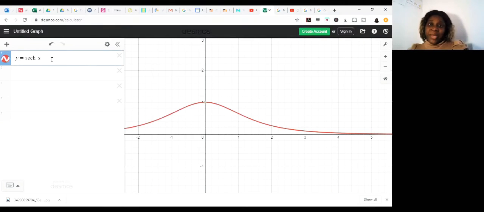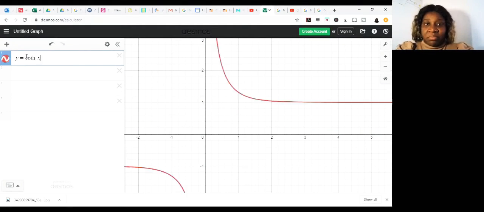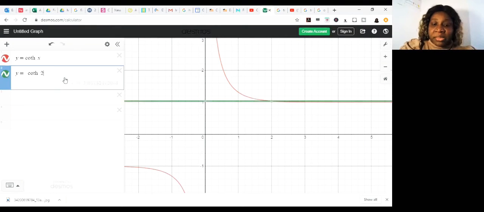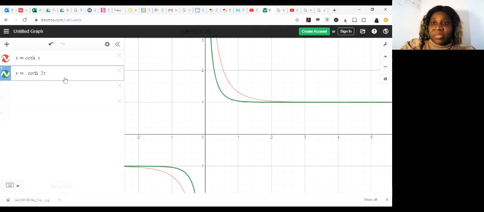What about y is equal to coth x? That's a good one to check. Yeah, so you can see that one now, like an inverse function proper. Let's try another one. y is equal to coth 2x. Yeah, so that is a little bit steeper. It still has the same everything, just a little bit steeper.